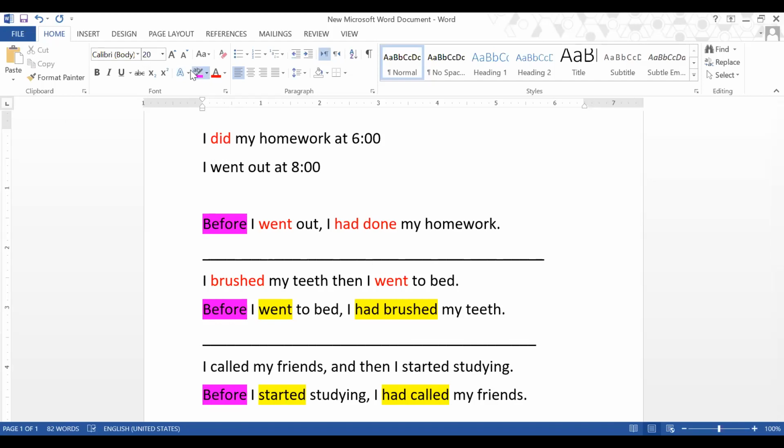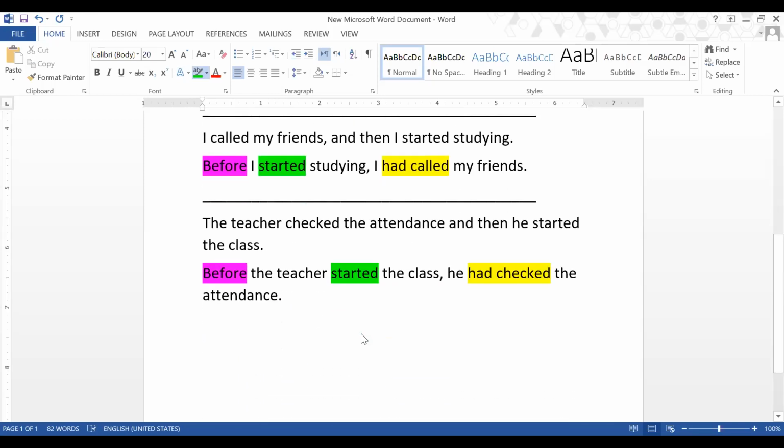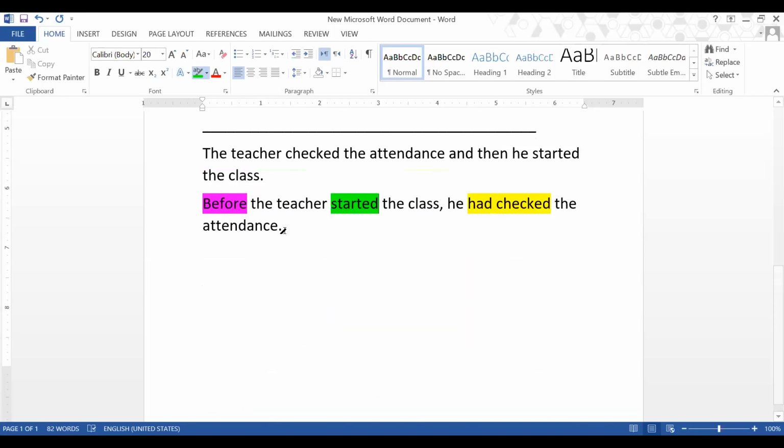Look here, you have went, verb 2, started, verb 2. Now we can start with another word or expression, which is after.